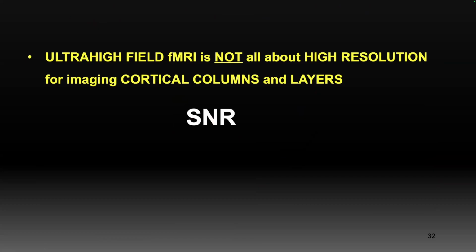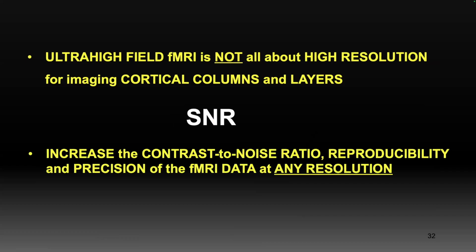The currency is signal-to-noise ratio. Ultra-high fields give you SNR, and you can spend it however you want. You can use it to do high-resolution imaging, or you can use it to increase the contrast ratio, reproducibility, and precision of the fMRI data at any resolution.